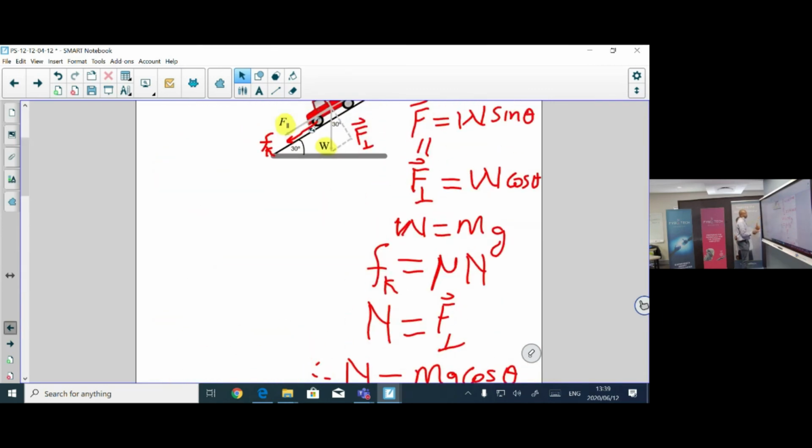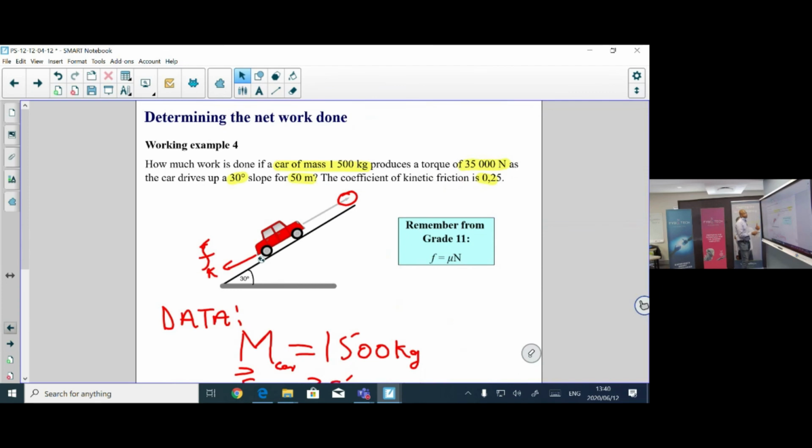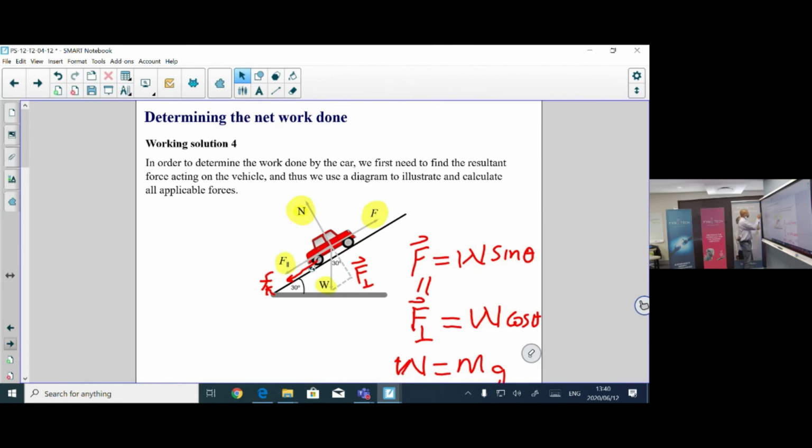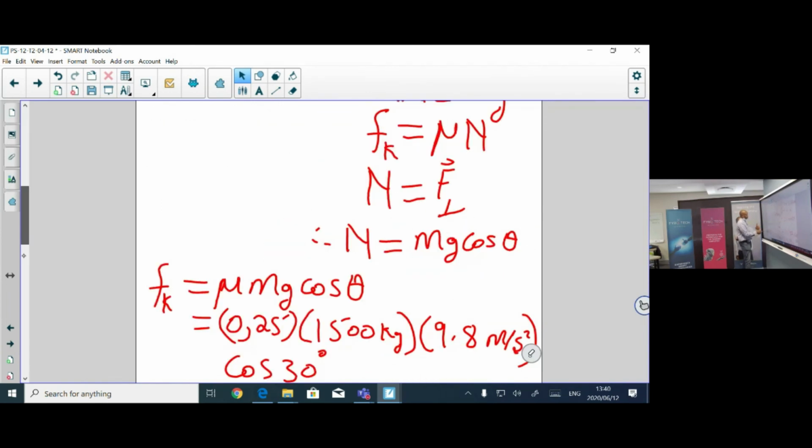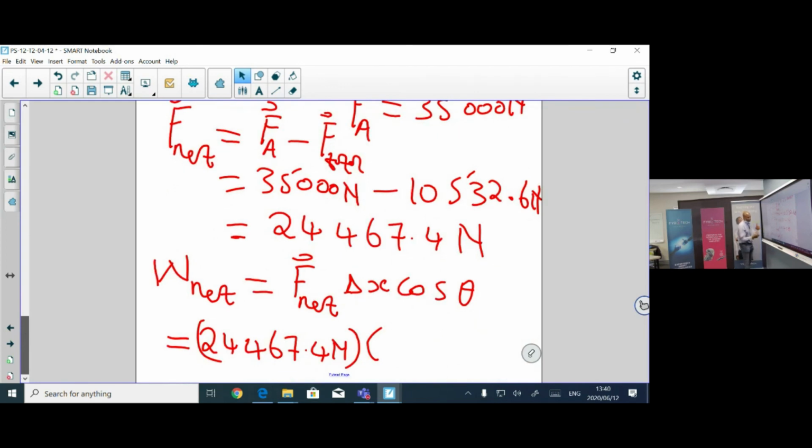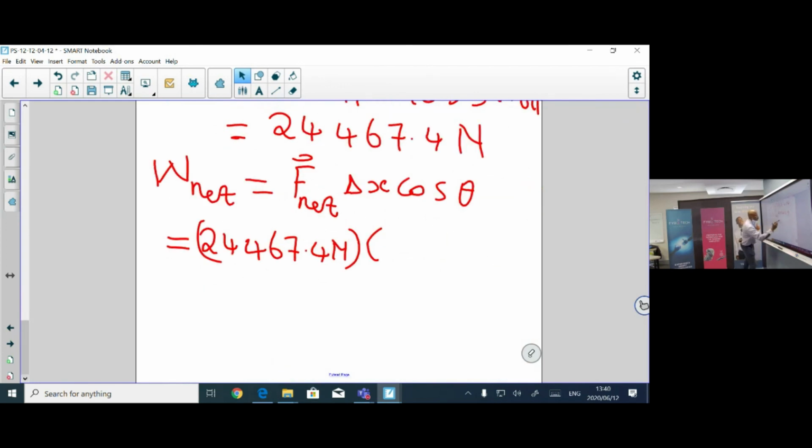Displacement is 50 meters. Our displacement then is 50 meters multiplied by cos of 30 in degrees, which is equal to, take out your calculator.